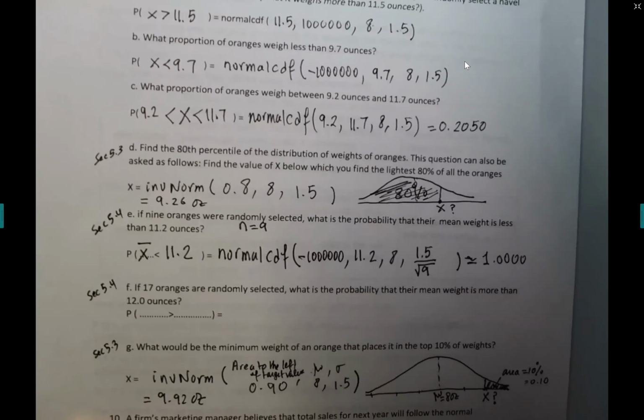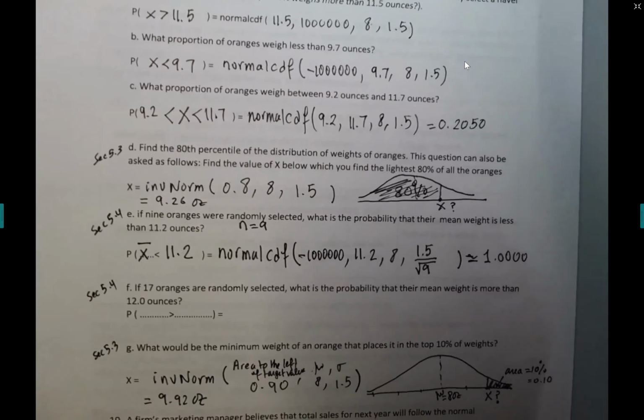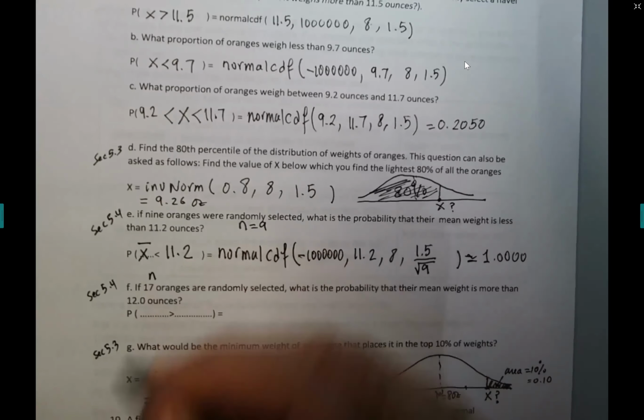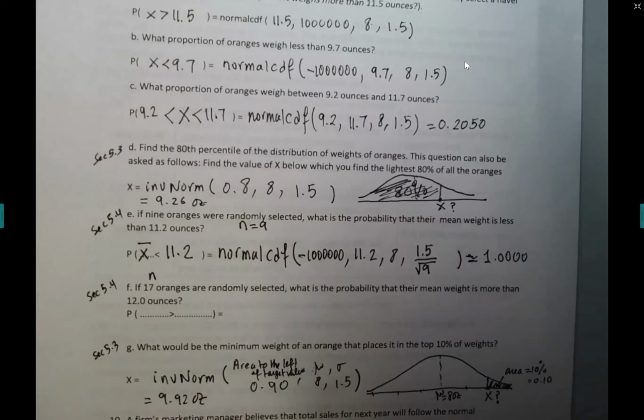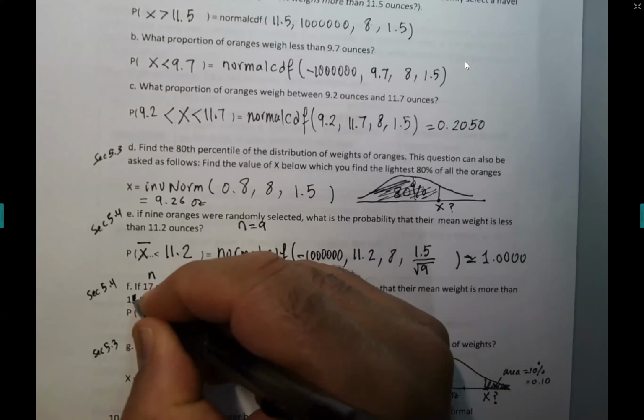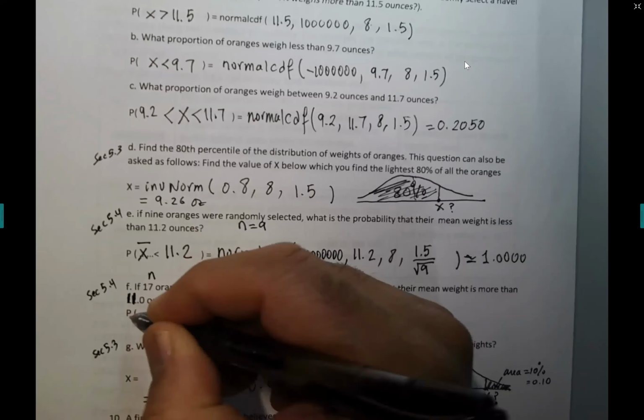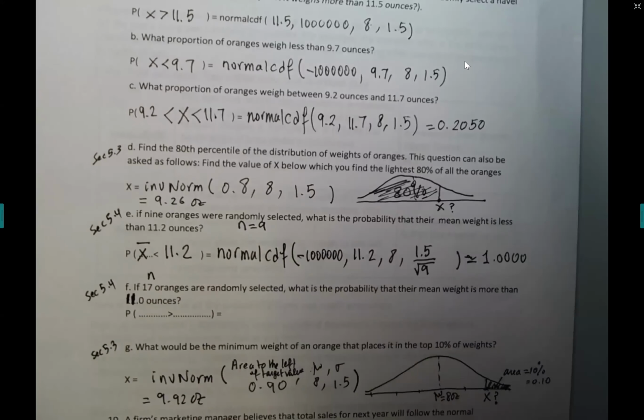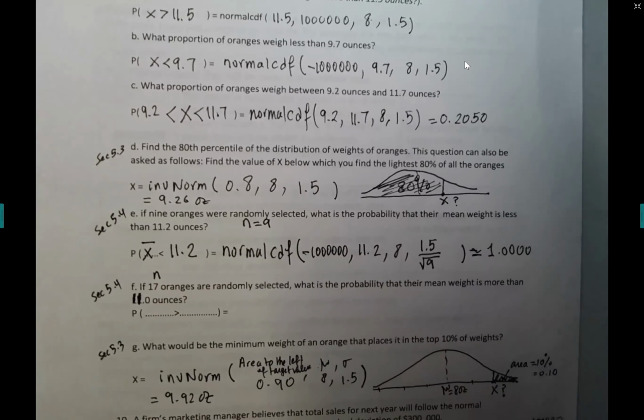Okay, next part, F. Watch, guys. If 17 oranges are randomly selected, so N is 17 now, what's the probability that their mean weight is more than 12 ounces? Okay, I'm going to change it, just make it 11 ounces. Okay, who would like to help us answer this question?